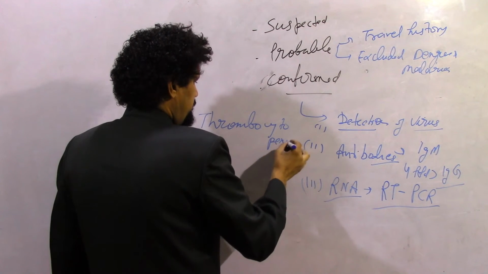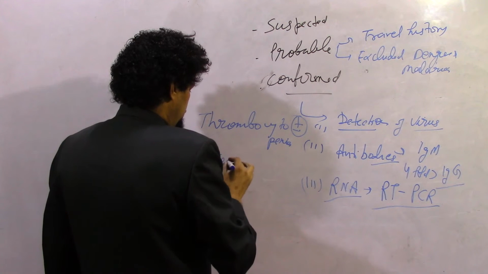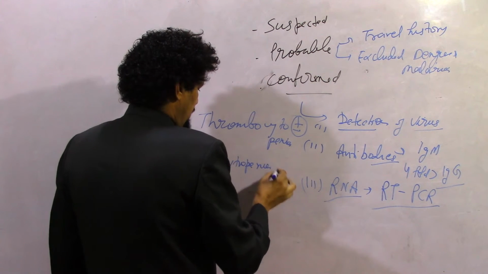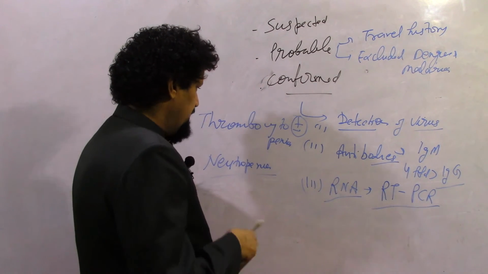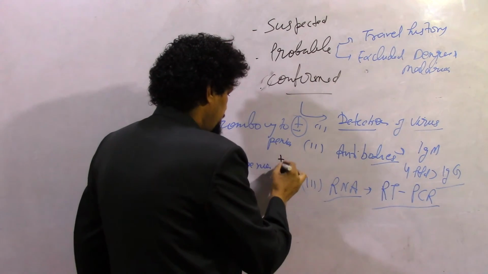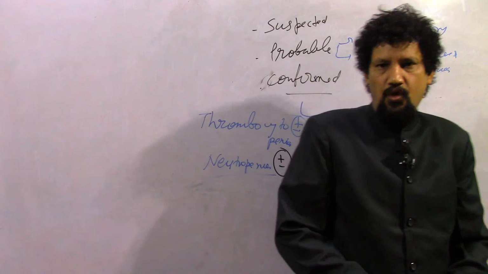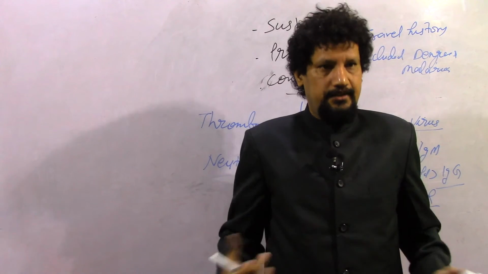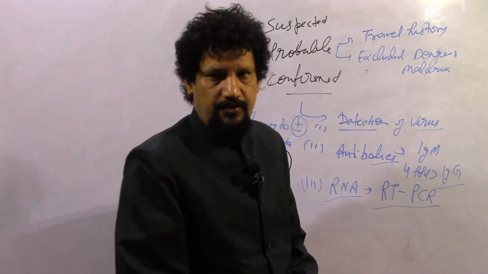Neutropenia, which is well seen in the dengue infection, may be present or absent in chikungunya. Hemoconcentration and shock are rarely seen in chikungunya infection. These are common in dengue infection and dengue hemorrhagic fever and dengue shock syndrome.